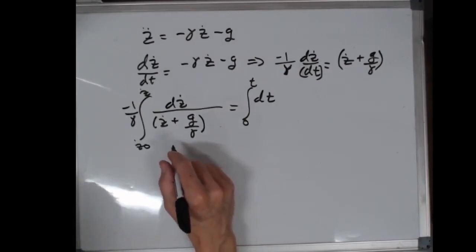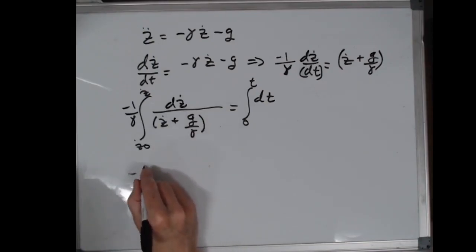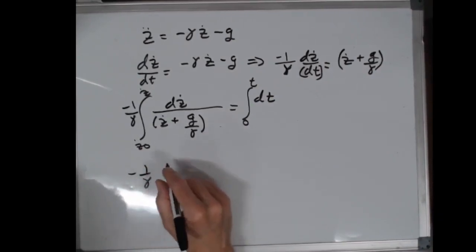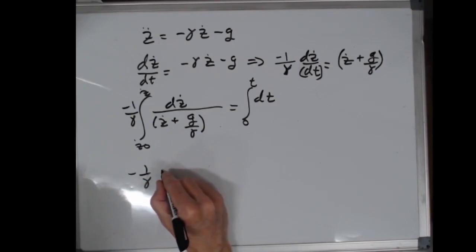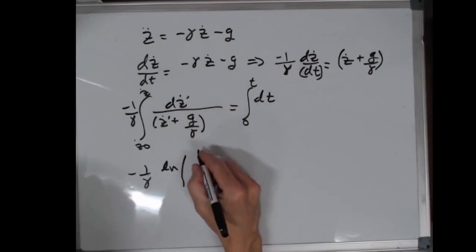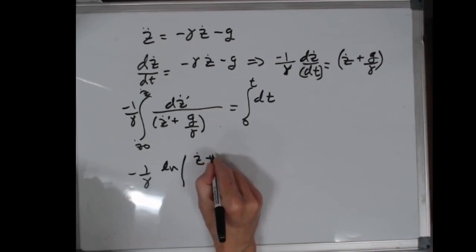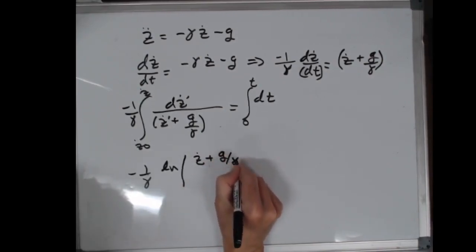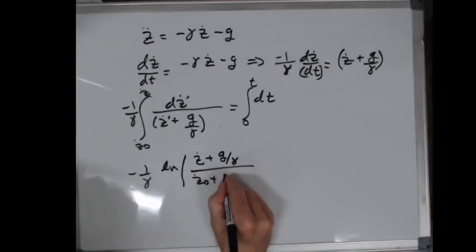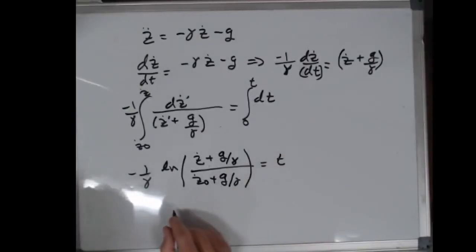And so this just gives me a log function. The left-hand side is minus 1 over gamma times the log of z dot plus g over gamma, divided by, evaluated here, z dot naught plus g over gamma, is equal to t.